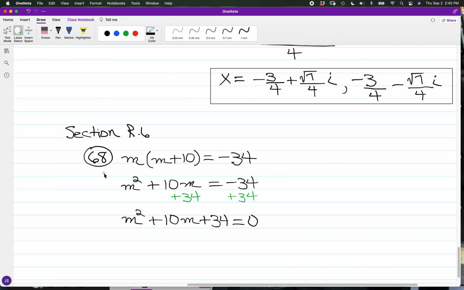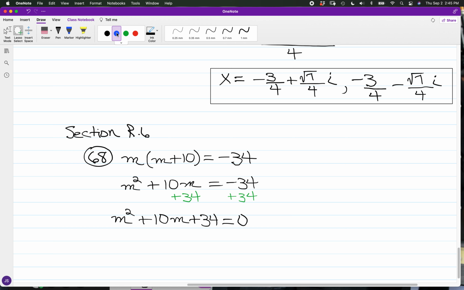If you try to factor this trinomial, the positive factors of 34 are 34 and 1, which add up to 35, and 17 and 2, which add up to 19. So no combination will add up to 10.